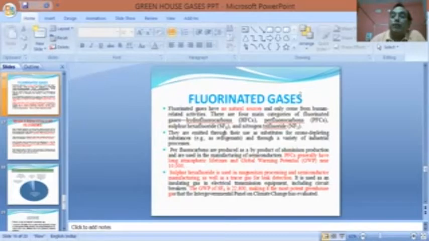It is playing havoc with the environmental conditions because of their very long lifetime, their global warming potentials, and also their chances of degradation are very less.